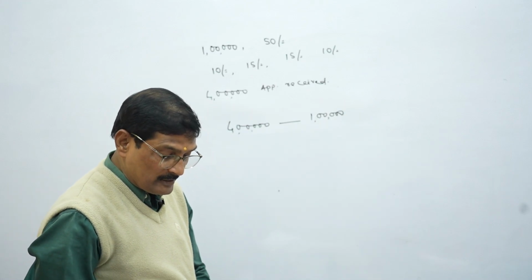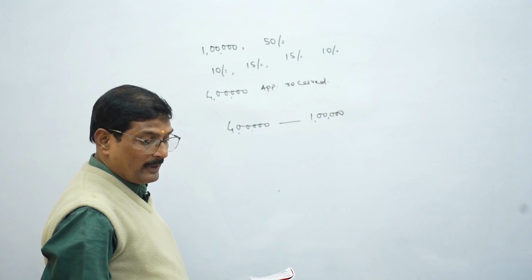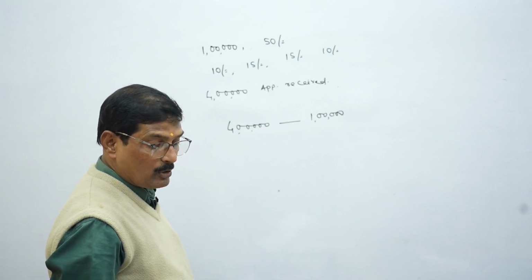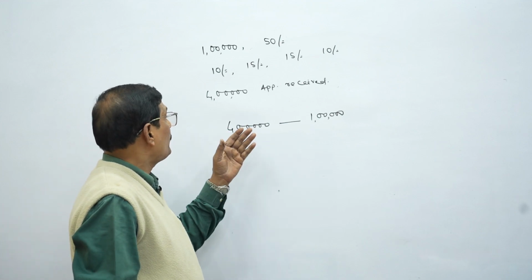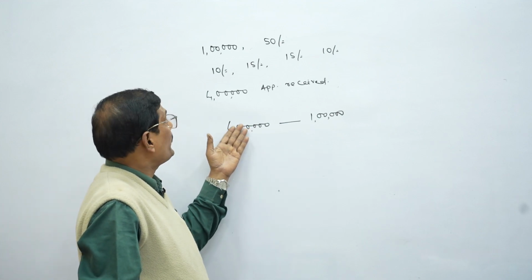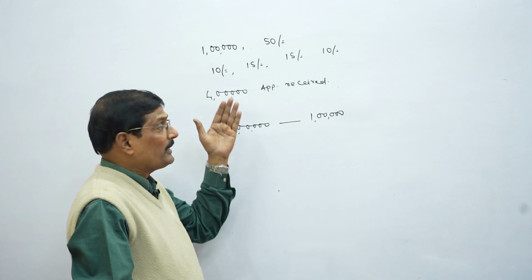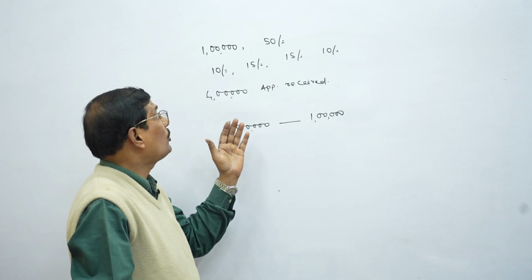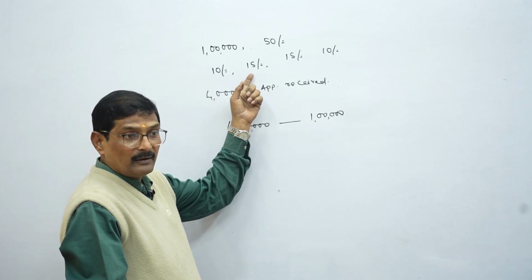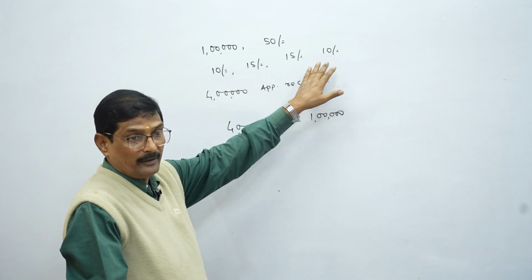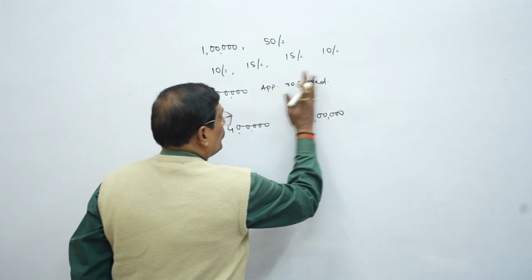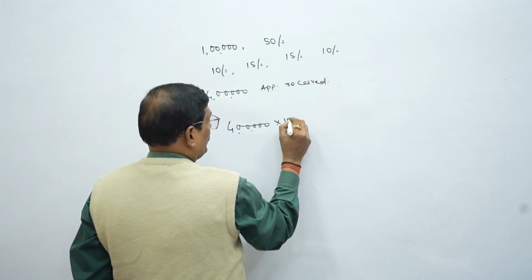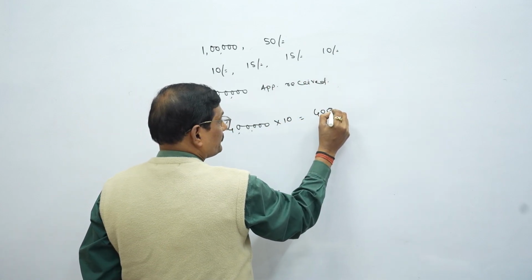And the question says to apply the balance of application money towards amount due on allotment and refund the balance. Means if you are receiving, how much we have received? 4 lakh into 10. We can adjust the excess application money only up to allotment. Thereafter the excess money to be refunded. Got it? So we must have received 4 lakh into 10, that is 40 lakh rupees.